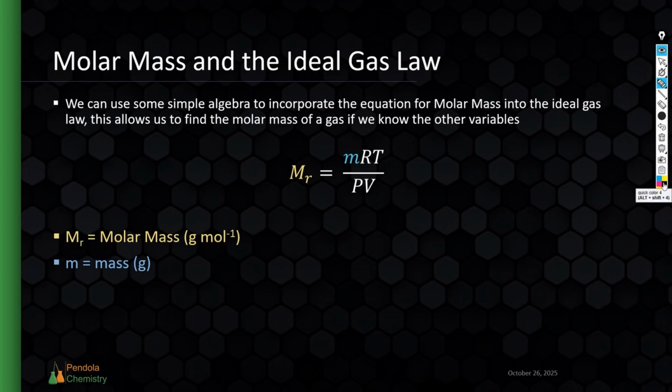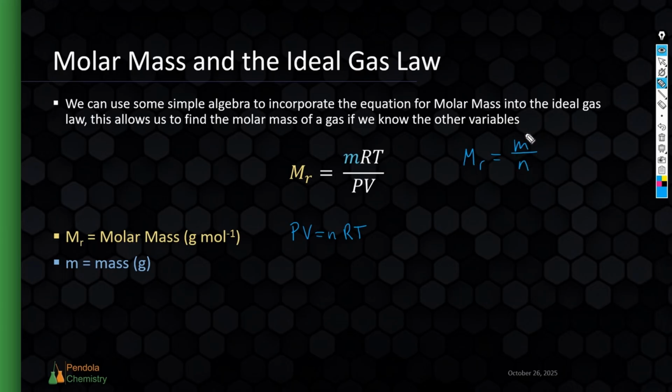So if we have our equation, I'm going to use this in blue. So we have PV equals nRT. Let me lower the size here. PV equals nRT. Then we can actually use the molar mass equation. Molar mass is equal to mass over moles.